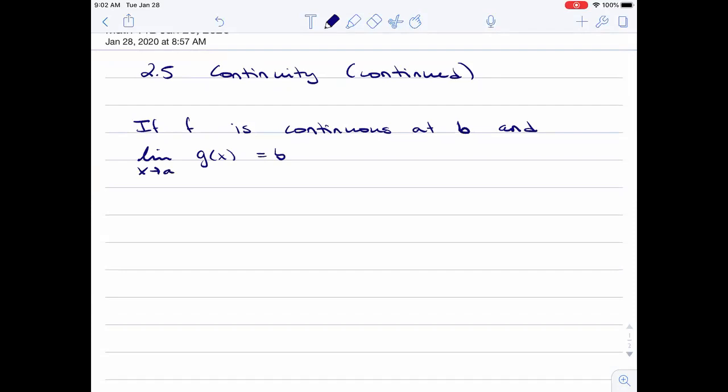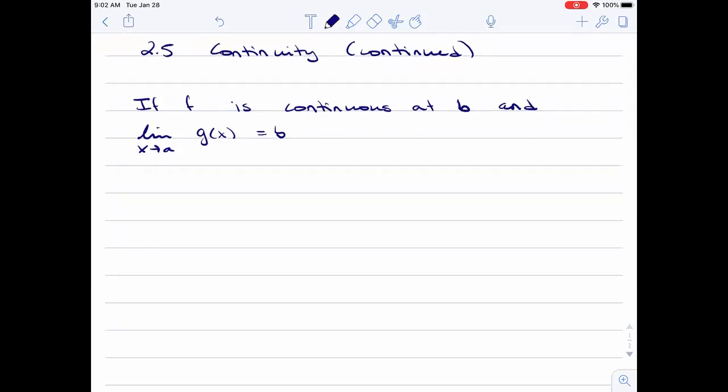So if f is continuous at the point b and the limit of g is b at some point a, then we can say that the limit as x approaches a of f of g of x is f of b.